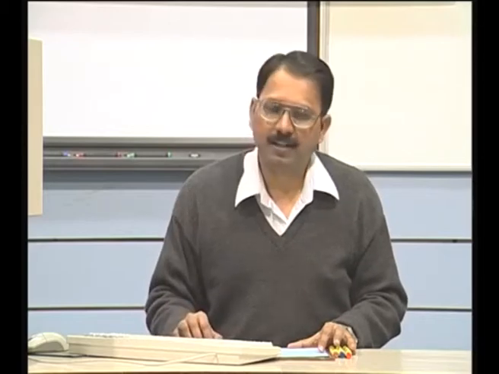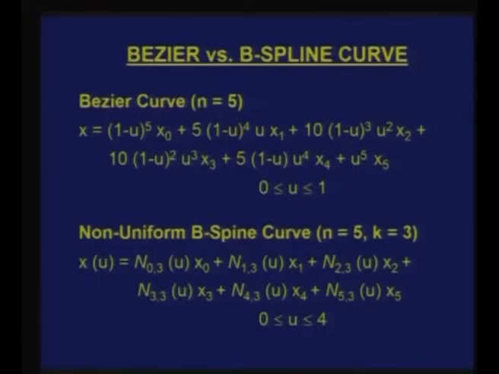Now, let us look at the mathematical definition a little more closely. Suppose I take an example of n is equal to 5. That means I have 6 control points. This is true for both Bezier as well as B-spline. The Bezier curve is completely defined, because I have terms starting from (1 minus u) to the power of 5.